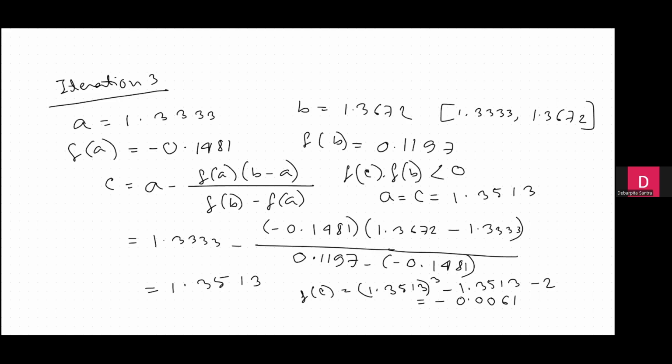Okay. Now we move on to our next iteration, iteration number 4. So we delete this page content and move on. Just continuing from iteration 3, our new A is 1.3513.